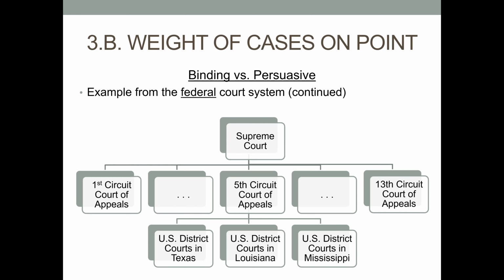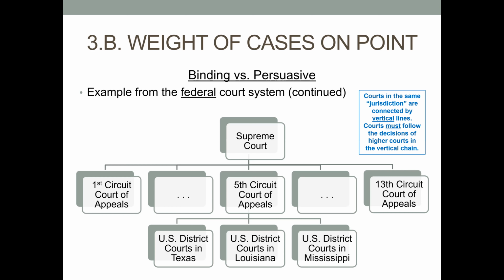You'll notice here on the chart that certain courts are linked to each other by vertical lines. To the extent these courts are linked by vertical lines, they are considered in the "same jurisdiction." So here's an example.